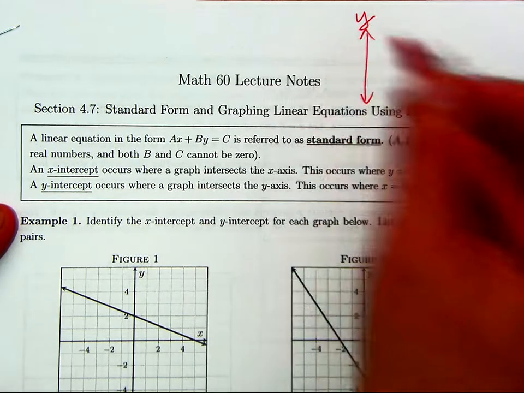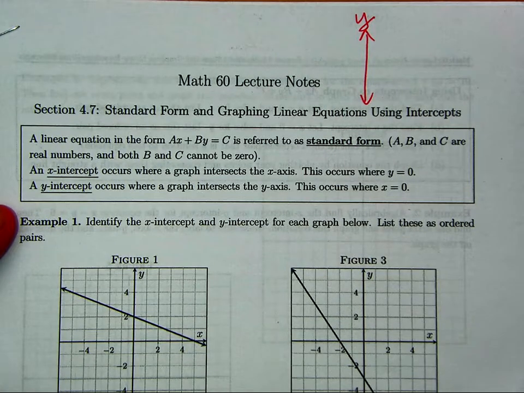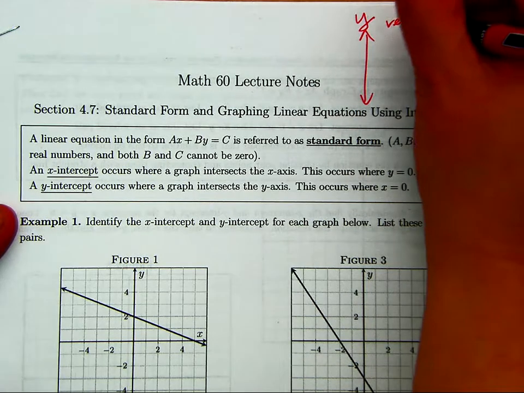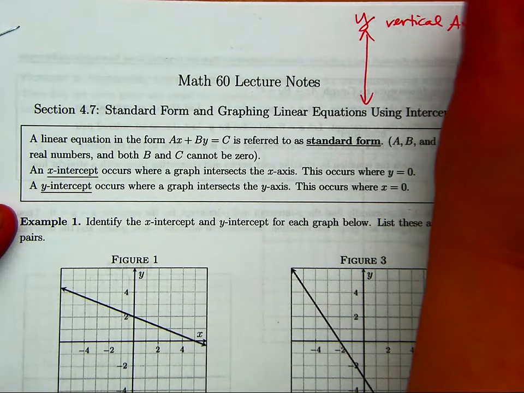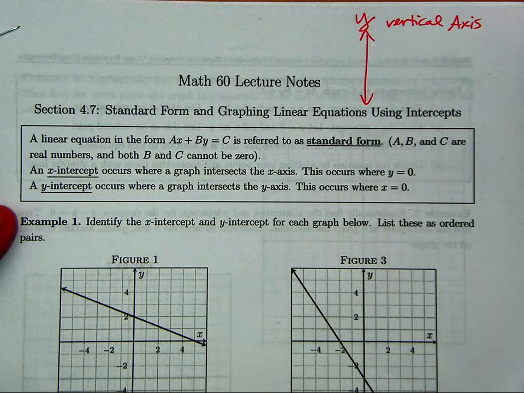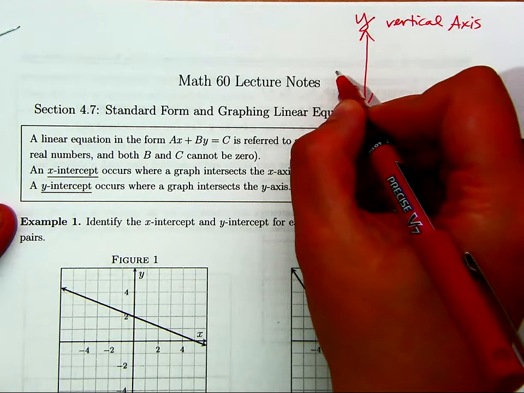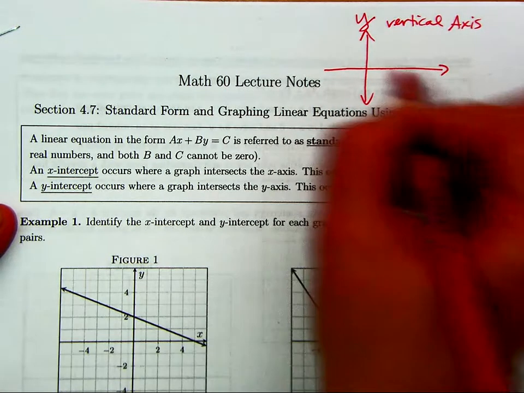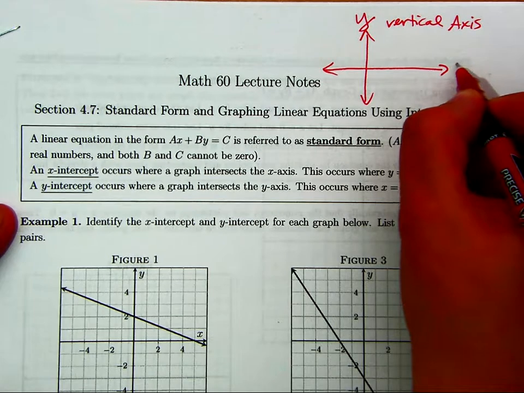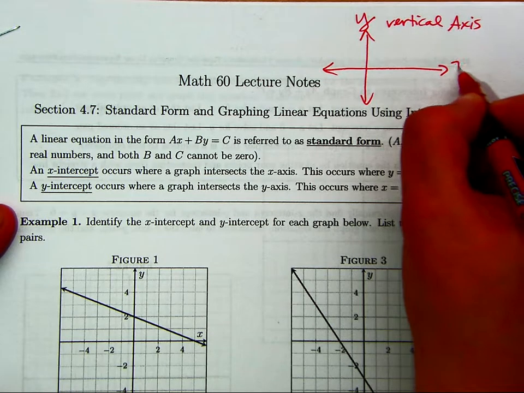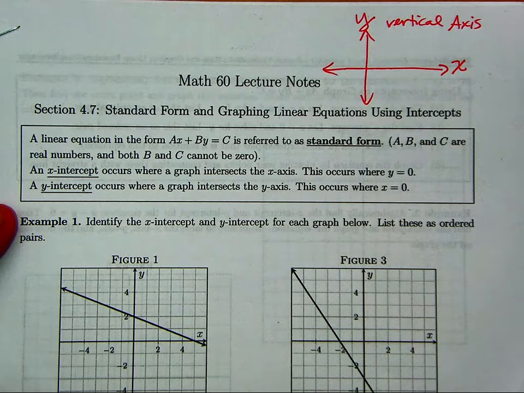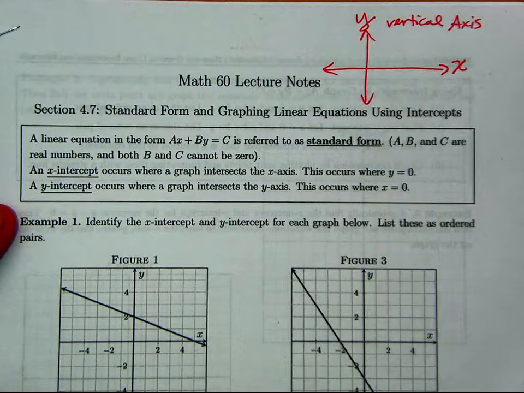It's also known as the vertical axis because it's vertical, in case you were going to use something like weight or gallons, right? Okay. What axis is this one right here? X-axis, and another name for it could be the horizontal axis.